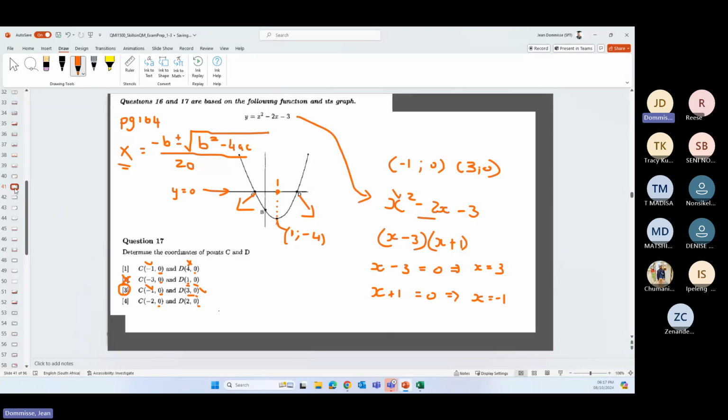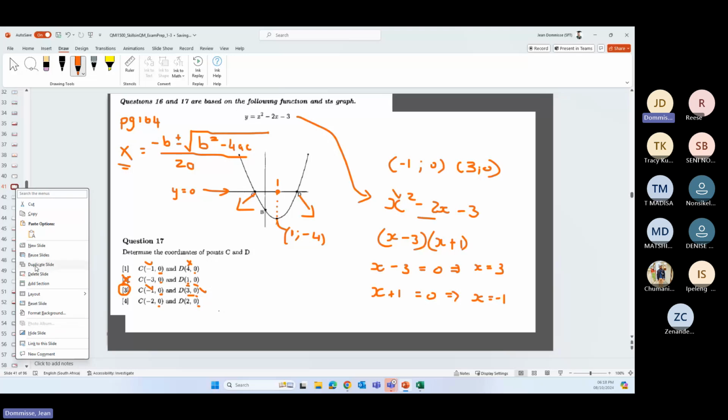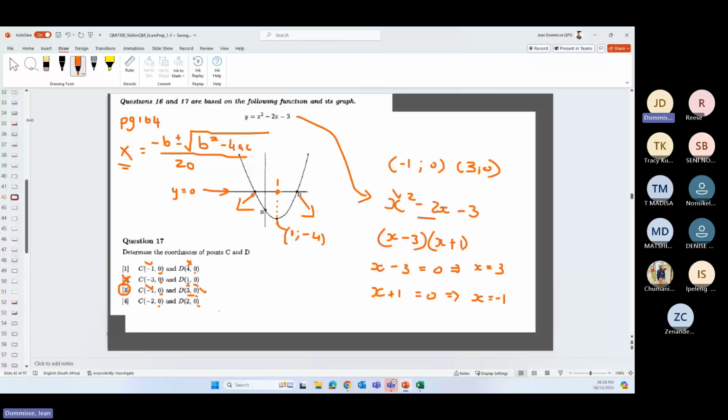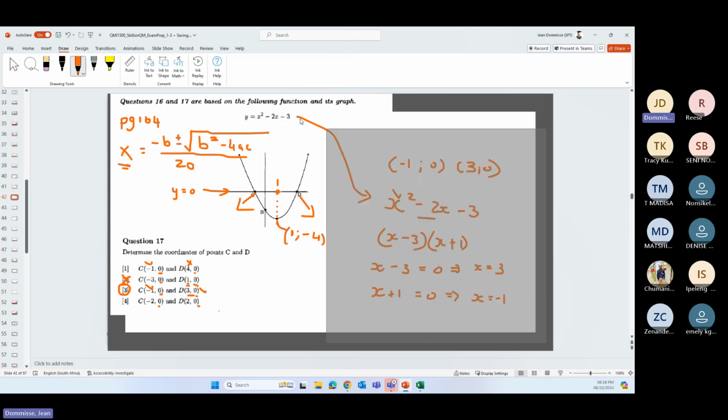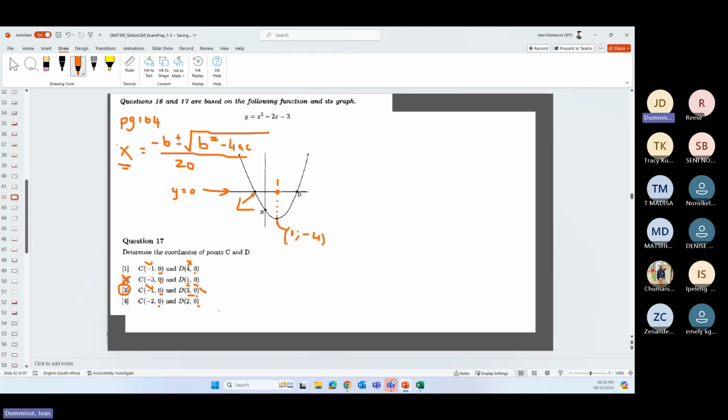So let's say we did not know how to factorize it. What we will do is use this formula that is on page 164 of your study guide. So let's do that.